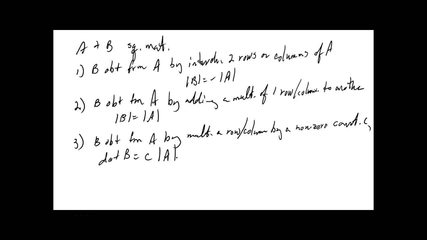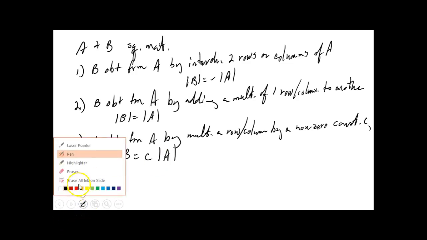So let's do example 2. Here's a matrix A. Two, negative 3, 10. 1, 2, negative 2.